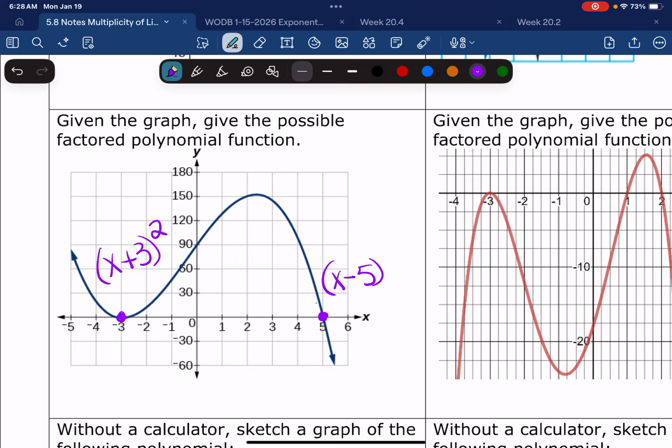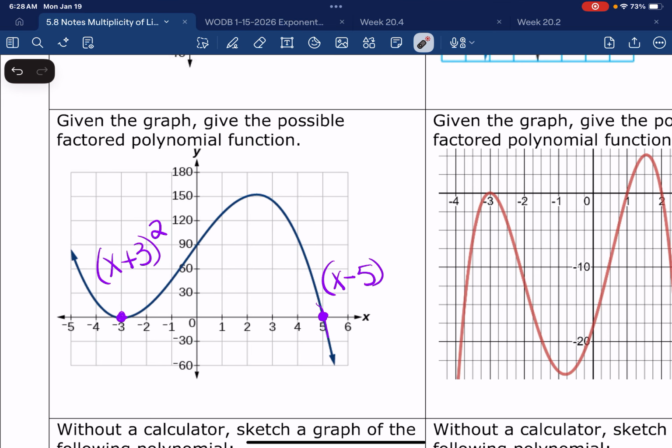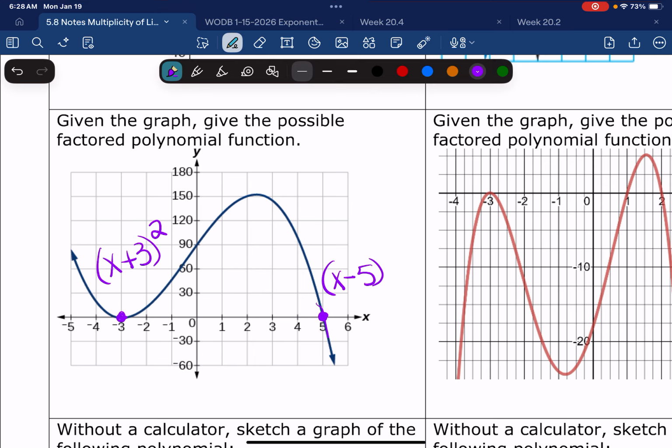I see that it's crossing through my x-axis, so I know it needs to be an odd multiplicity. And again, it doesn't flatten out at all, so I'm probably just going to take this to the first power. All right, so we have f of x equals x plus 3 squared times x minus 5.